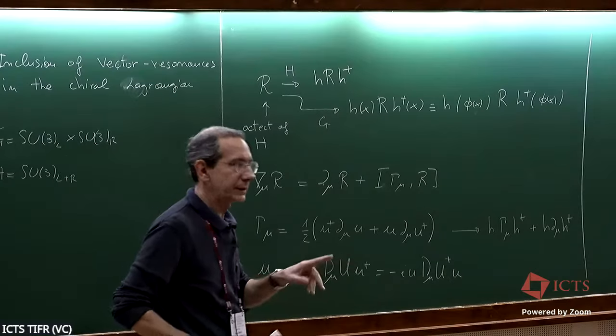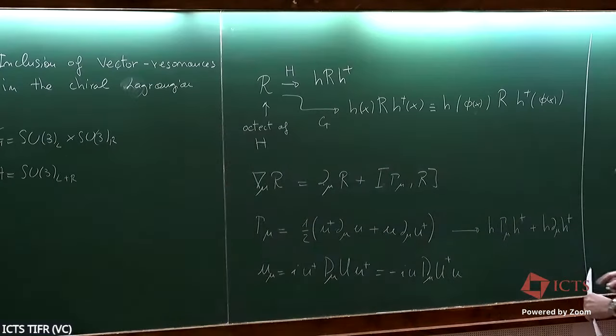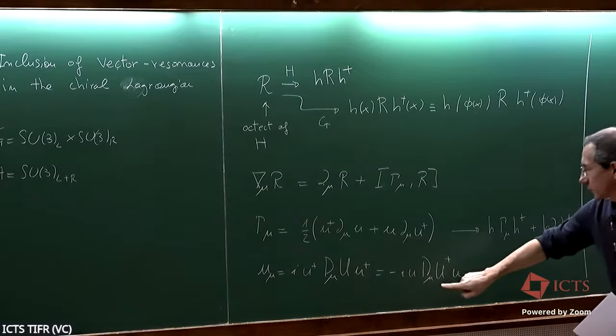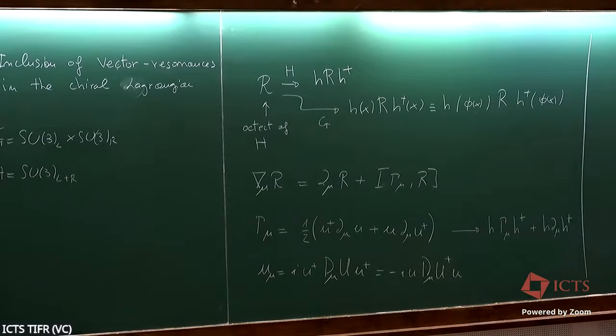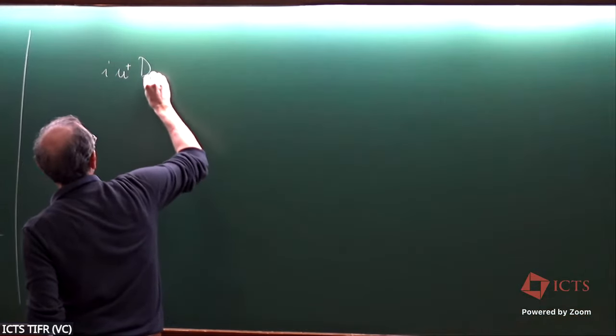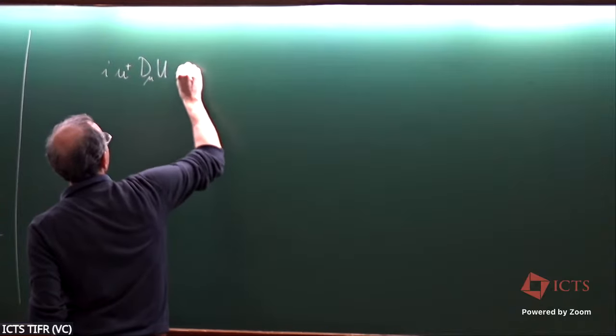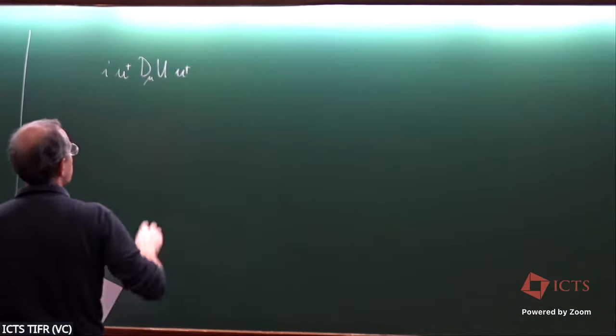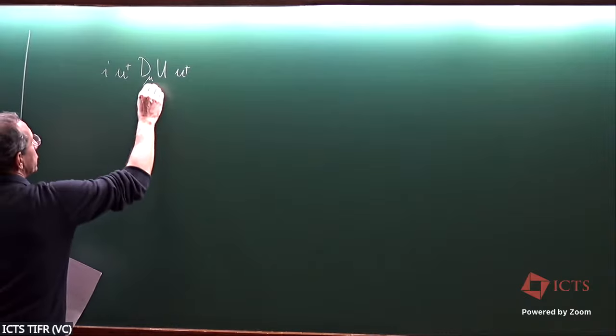let's do it as a morning exercise, okay? To show that I can also write it like this. Let's check. First of all, let's see the transformation property of this object.